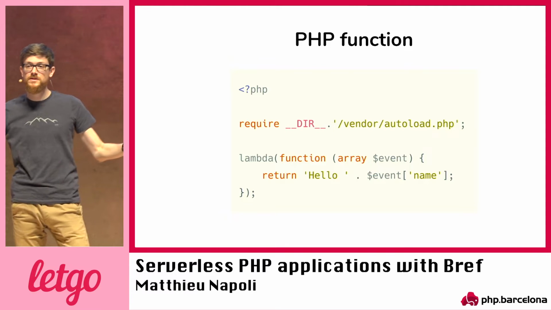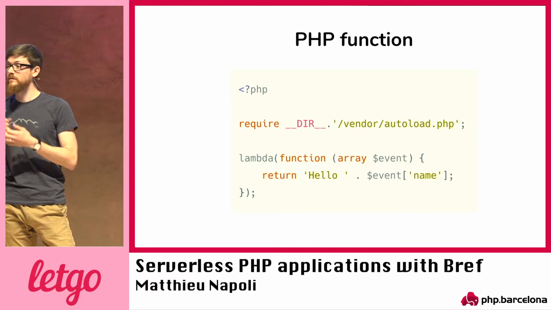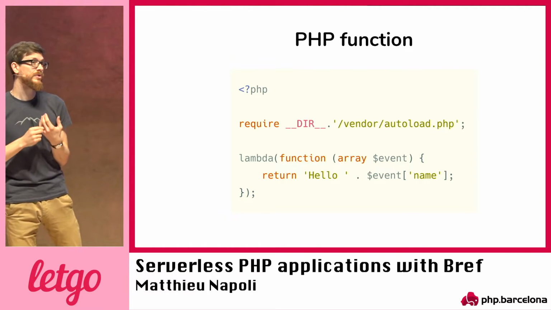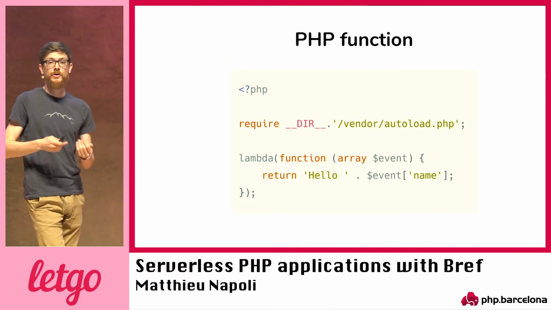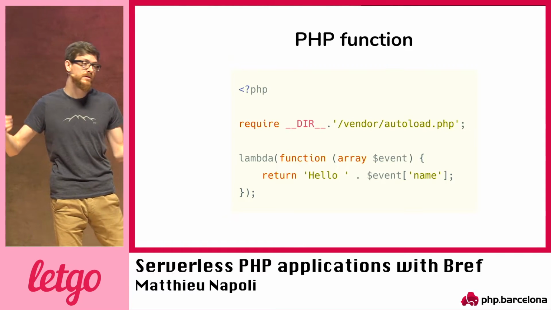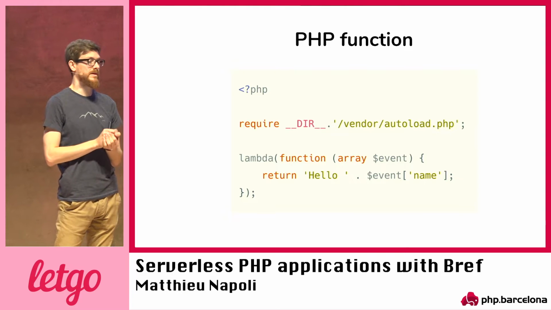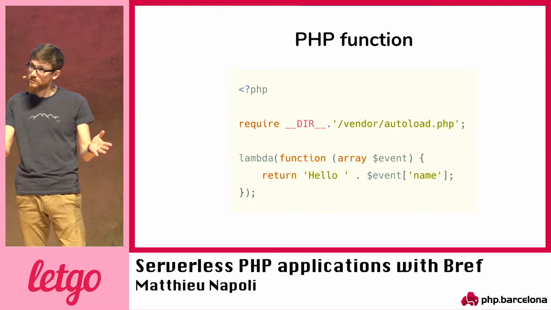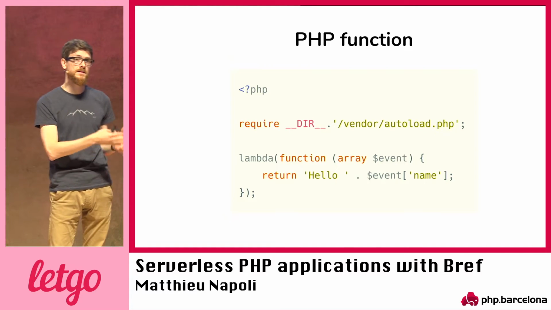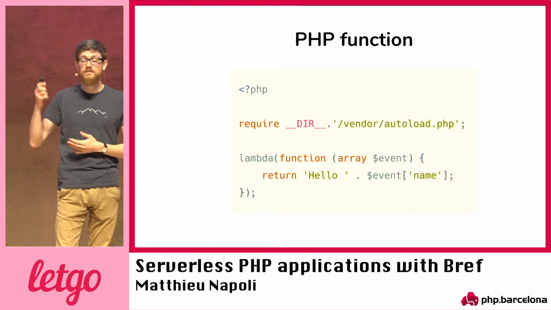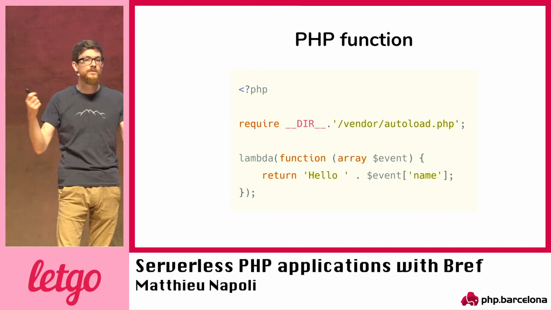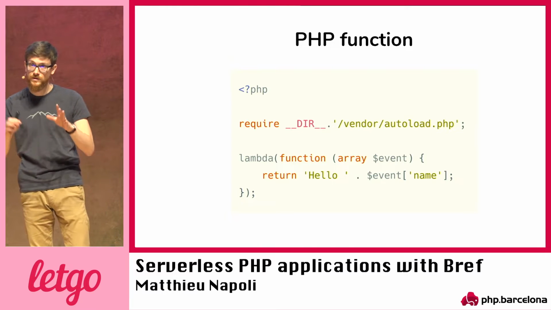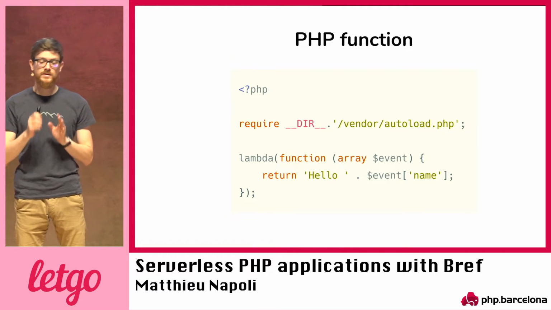So this is the most basic support for PHP on Lambda. And if you know about AWS and Lambda, you know that this is really powerful because you can connect a lot of services together with that. But if you just write websites and APIs, then yeah, that's cool, but I don't really know what I can do with that. That's okay. That's not the one I recommend you start with.